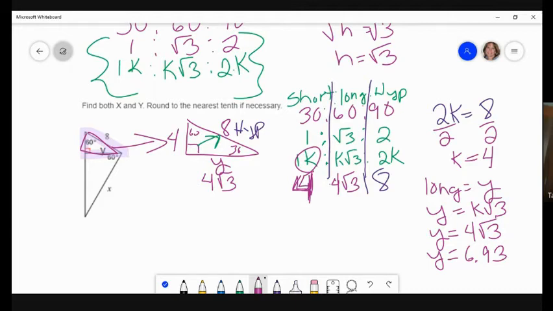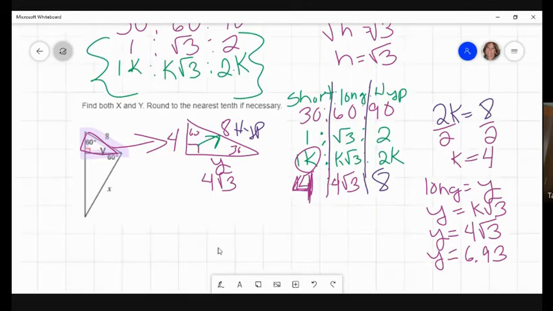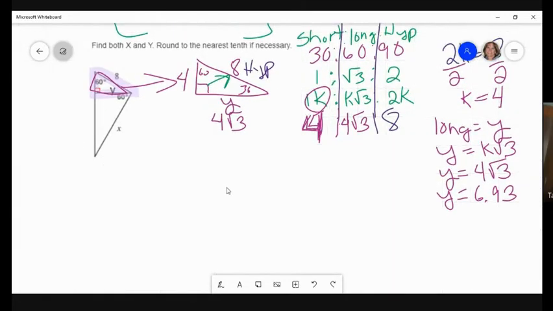Now, as I go through this problem, I prefer to keep it in the square root format, because it's less work than having to go over and type it in. But it really doesn't matter, other than round-off errors can sometimes scream at us. So if we're all good with that, does everybody see where we got the 4 square root 3? Yes. We are all good.